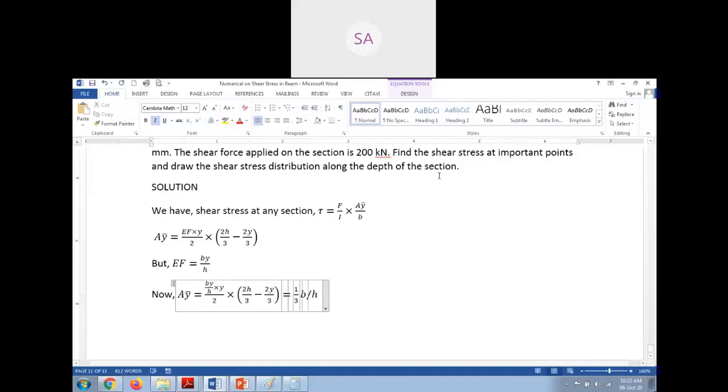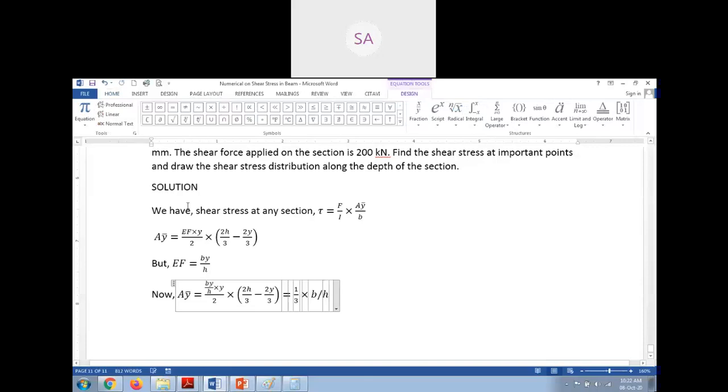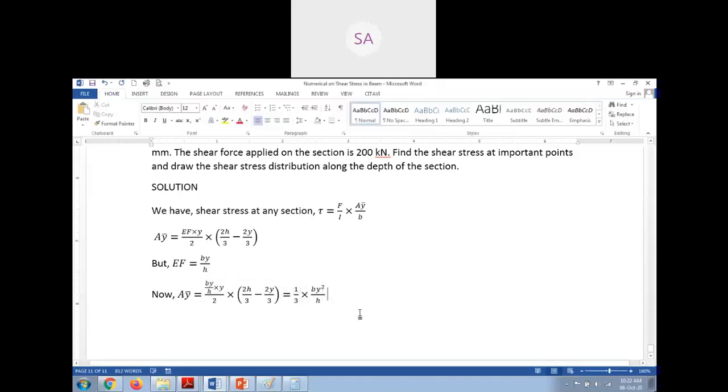So B by h into y square. Okay, so I got this. 2 by 3 I have taken out and 2 got cancelled with this 2.